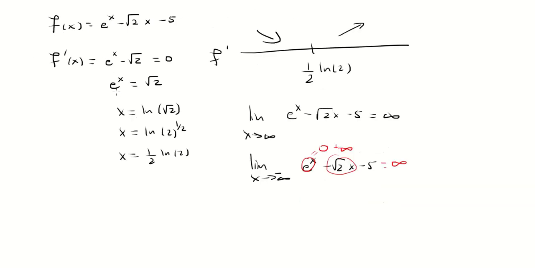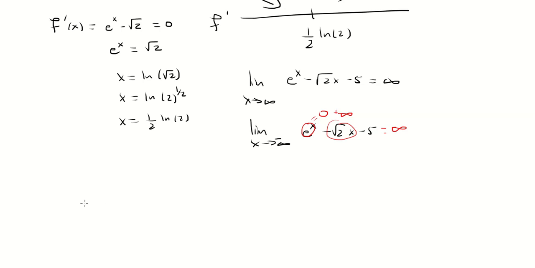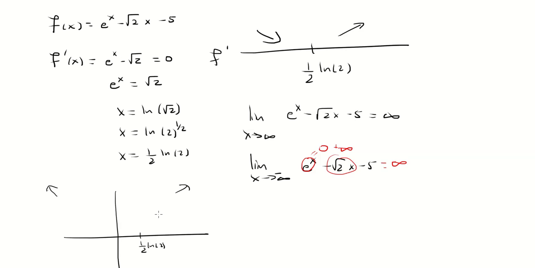So if we were to graph this, just to get an idea, we know the endpoints are here, and then 1/2 ln of 2, that's somewhere here. So if we kind of want to get an idea of where that value is, instead what I'm going to do is rewrite it as ln of root 2. So if I plug it into f of x, we have f of ln of root 2.